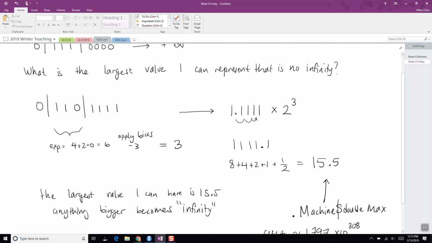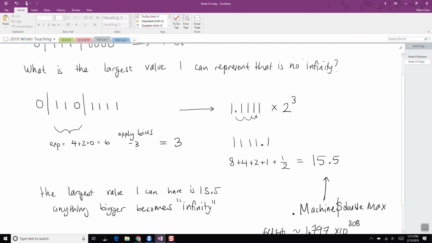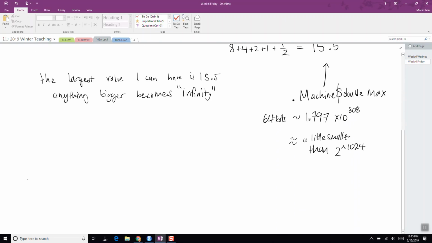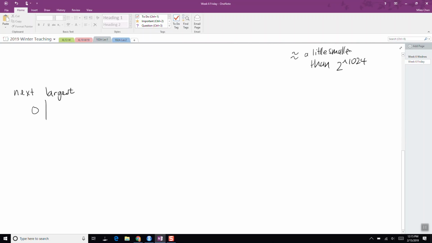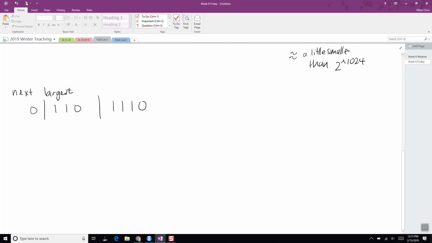The largest value I can represent that is not infinity is going to be 15.5. What's the next largest? It would be 0, 1, 1, 0, 1, 1, 1, 0. So the exponent still is 3 after bias.